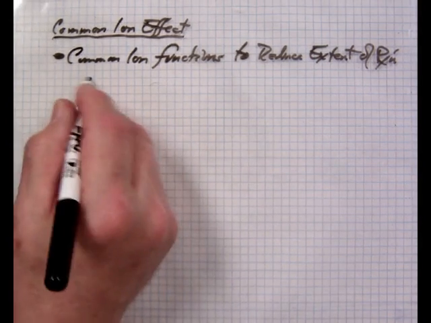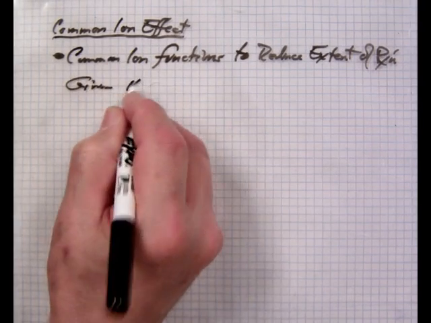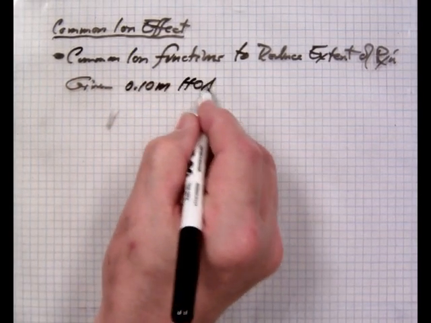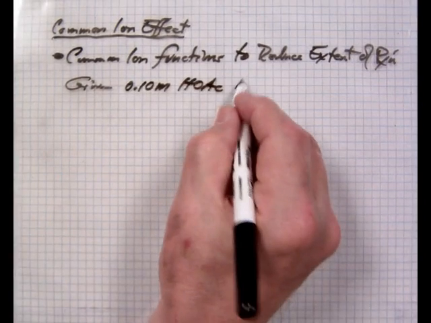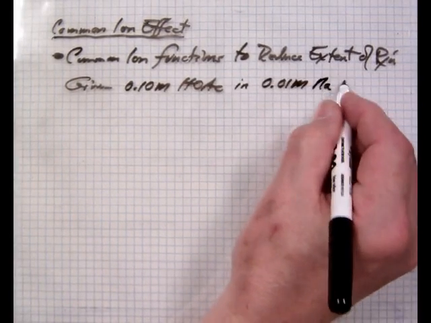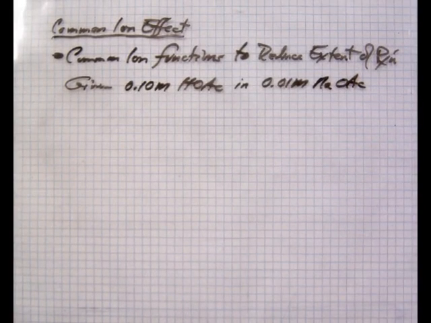Anyway, to make that comparison, you need to be able to calculate first the ionization in pure water, given 0.10 molar HOAc and 0.01 molar, say, sodium acetate, like that. And so you get that problem. Okay, how does the pH change?